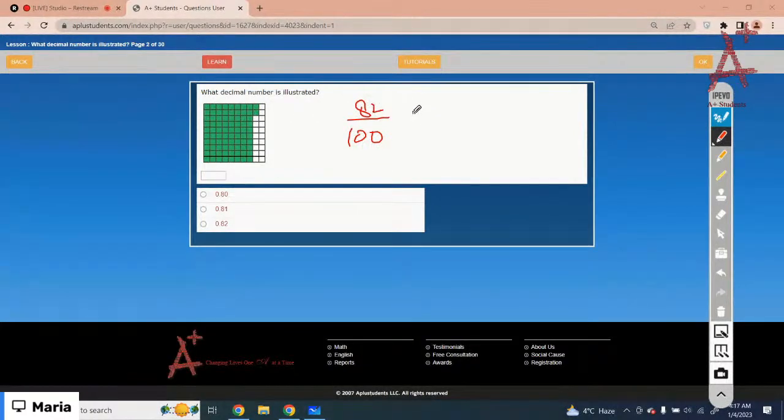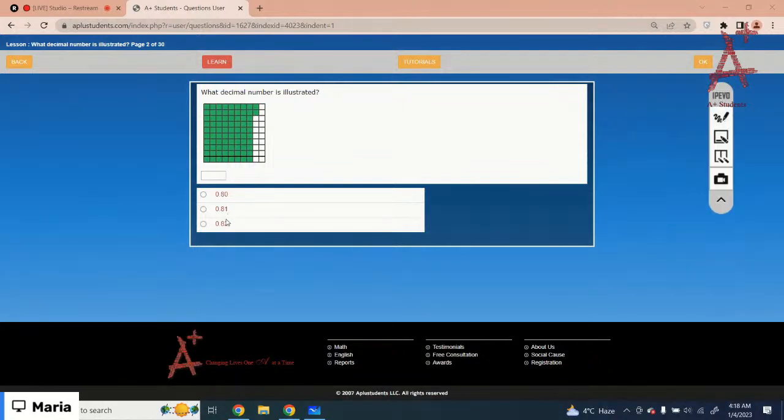So it would be 82 divided by 100, and you can write it as 0.82. So just select the correct option, then click on the OK button. The correct option is 0.82.